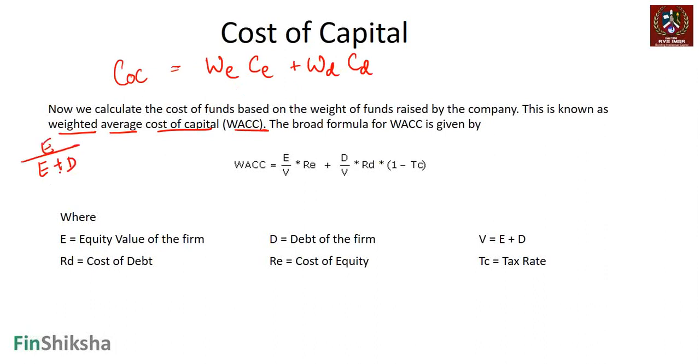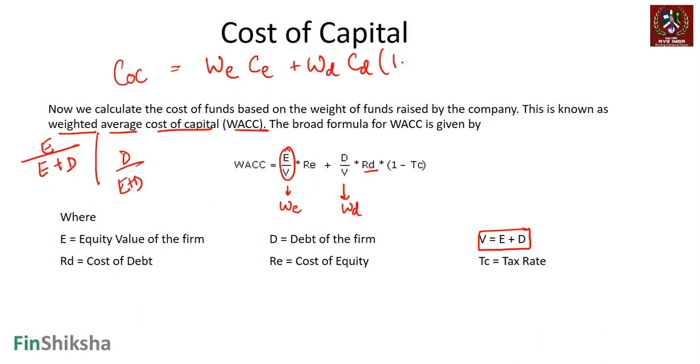So if I take equity by equity plus debt, that's weight of equity. If I replace that by total value, then E by V is the weight of equity into cost of equity, that's RE. D by V is nothing but D by E plus D, and that's the weight of debt into cost of debt.